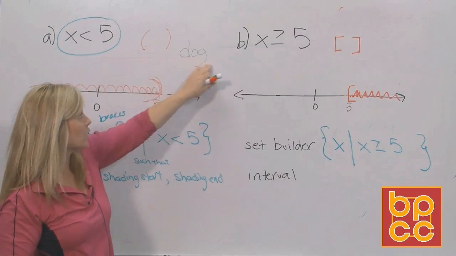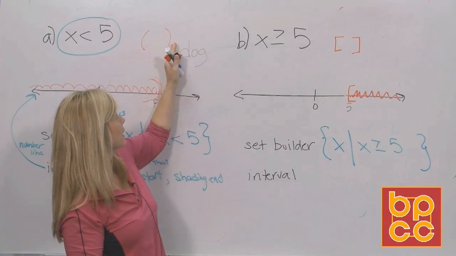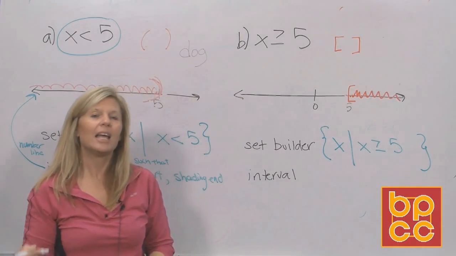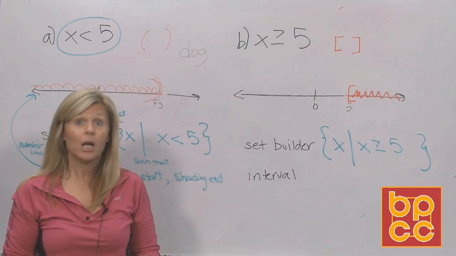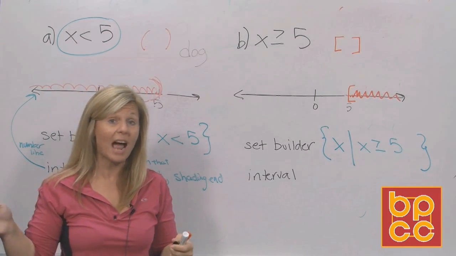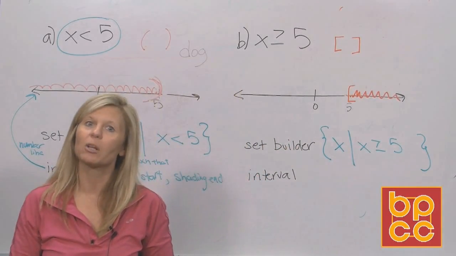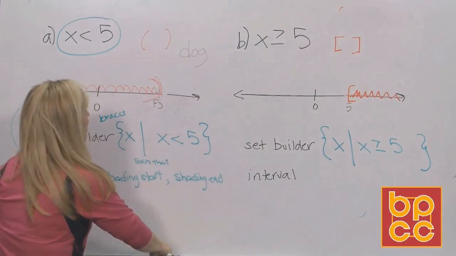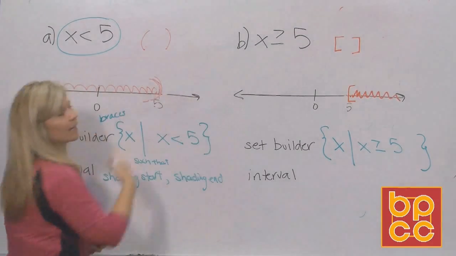Well, you would read dog, D-O-G, because in our language we read left to right. If you read that right to left, it would say God. So it's very important that in our English language, if we have to read a word left to right to say it correctly, then we have to read a number line correctly in math. And to read a number line correctly, you read it left to right.